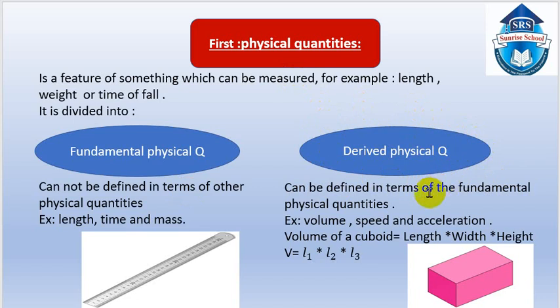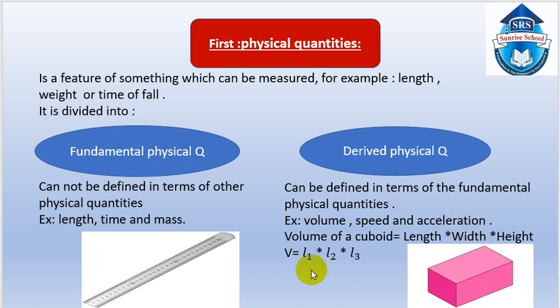Derived physical quantities are physical quantities that can be defined in terms of the fundamental physical quantities. For example, volume, speed, and acceleration. For example, the volume of a body equals length times width times height.